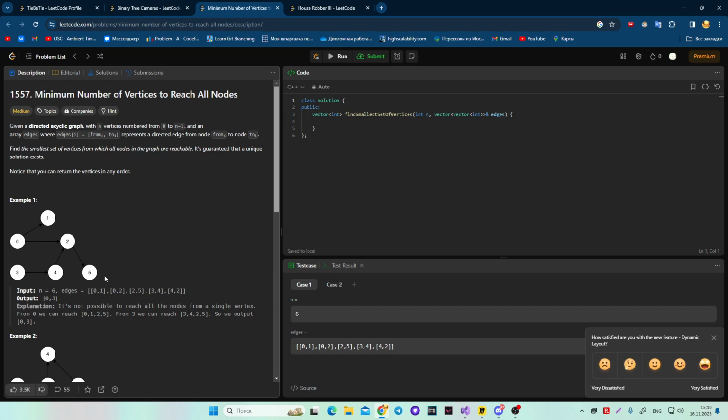We can use topological order, just topological order, and print the first vertex in topological order, that we didn't reach. And that's all.